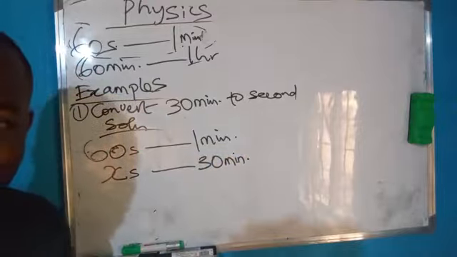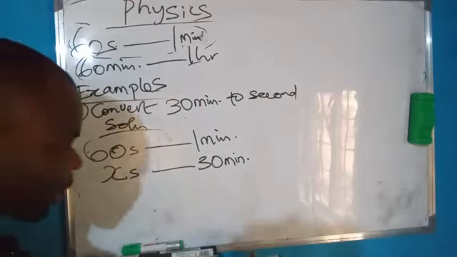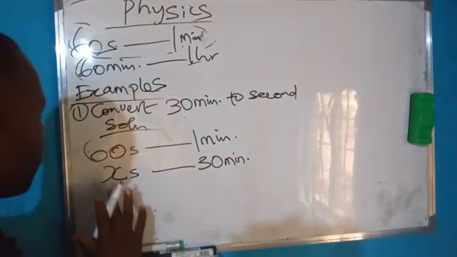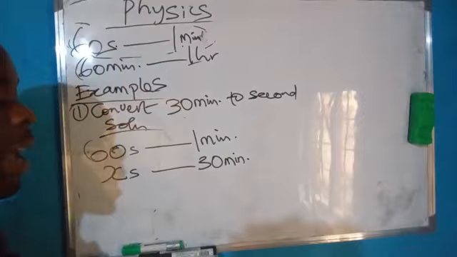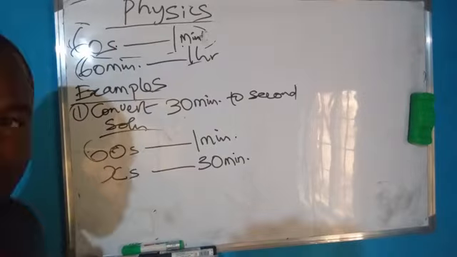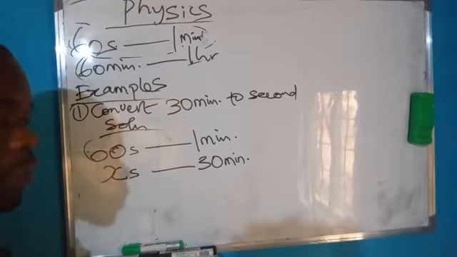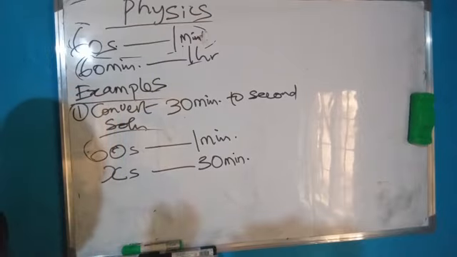You see how I did my own? All the minutes on the right hand side, all the seconds on the left hand side. Is that clear now? So having done this, what else do I do? You cross multiply. Look at this.